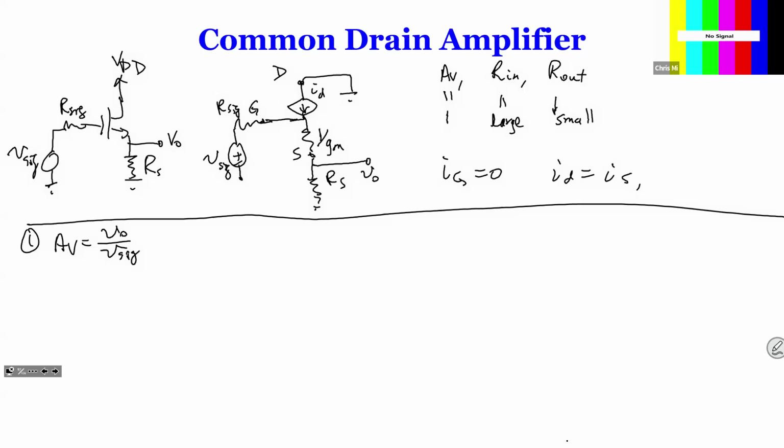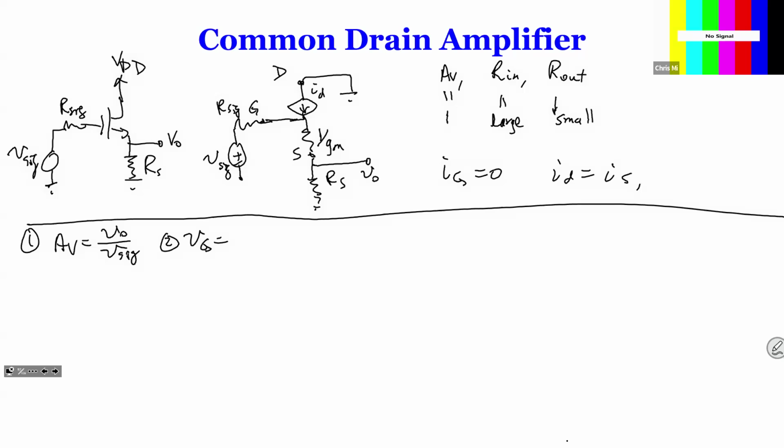All right, so I want you to find out what is the voltage at the gate, VG. Voltage at the gate is going to be our input signal because there's no current flowing.